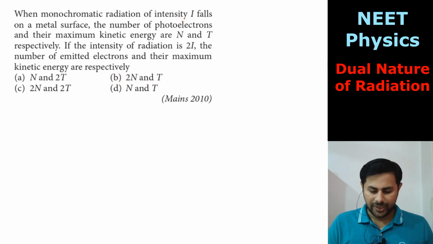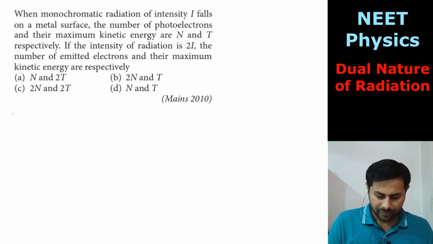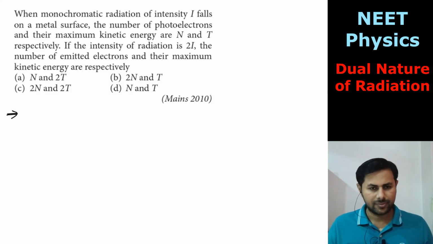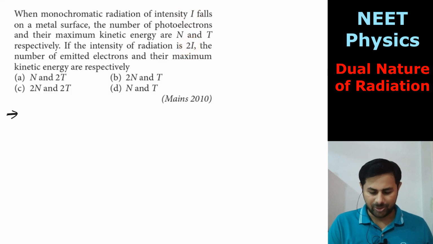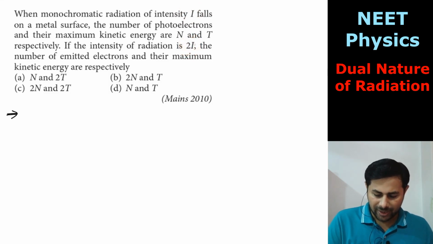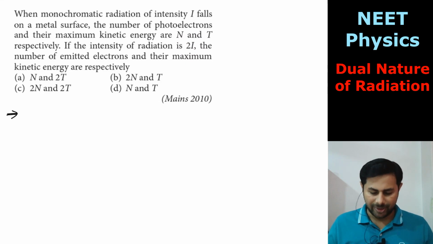So what's the relation between current and intensity? Current is number of electrons coming out per unit time, or current is directly proportional to electrons coming out per unit time. So if you increase the intensity, current will increase. It's directly proportional to current, and that means if you double the intensity, the current will double.